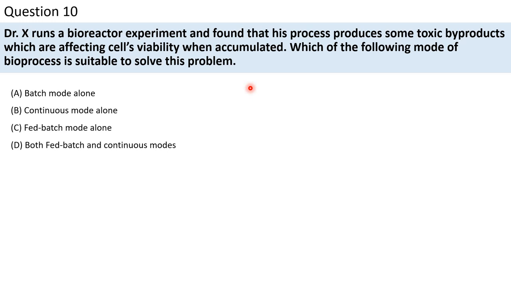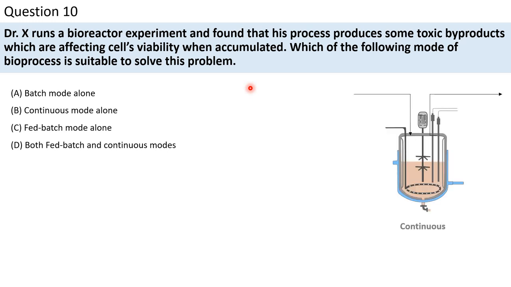So at first, the answer that is going to strike us will be continuous mode only, because we know what continuous operation is, where you will be continuously feeding your media as well, and in the meanwhile we will be removing the fermentation broth from the media, and they will be separated.